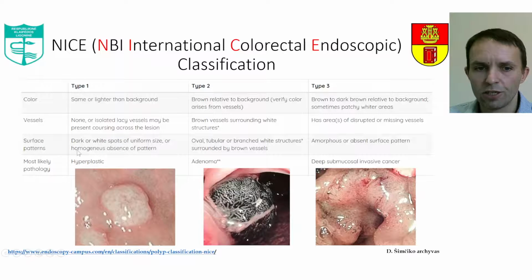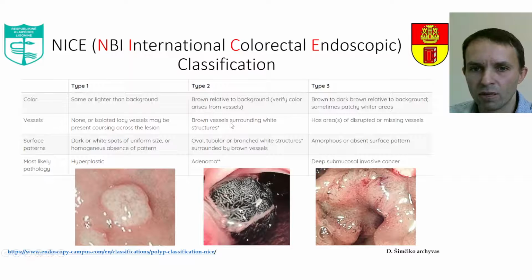When there is a lesion similar to a hyperplastic polyp, the color usually is the same or lighter than the background. Vessels are none, or isolated lacy vessels may be present coursing across the lesion. Surface patterns are dark or white spots of uniform size or homogeneous absence of pattern. When we have adenoma, usually the color is brown relative to the background.